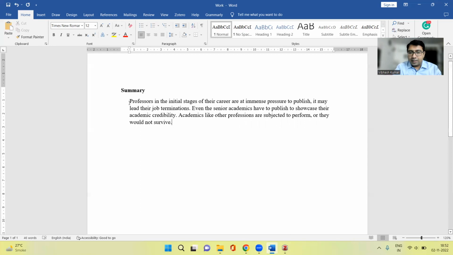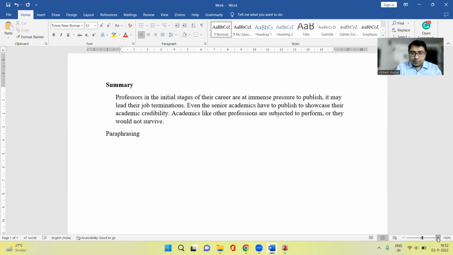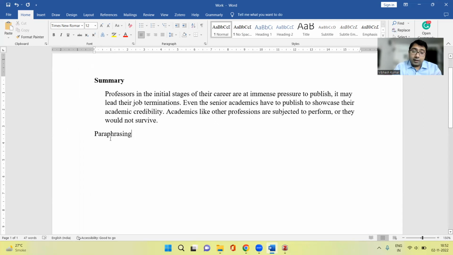So this thing which has been written by me is called paraphrasing, and this paraphrasing negates the meanings of plagiarism. This is one thing. The second thing is you have to cite. So citation. What does citation mean? It provides the attributions.